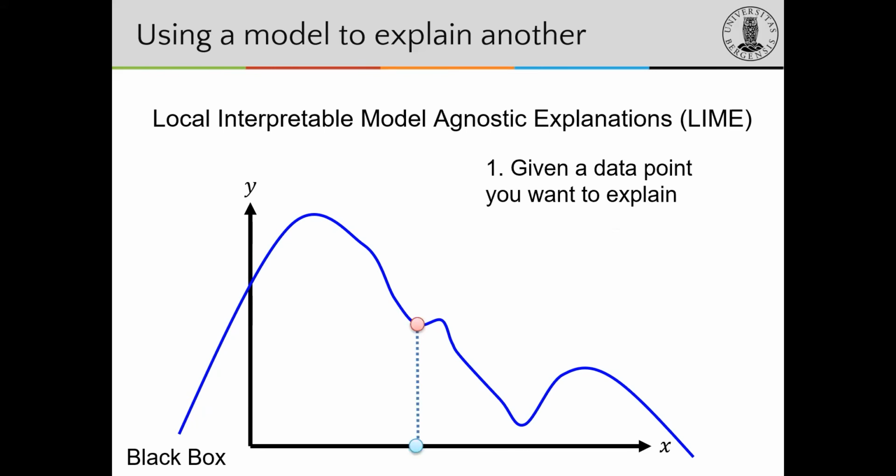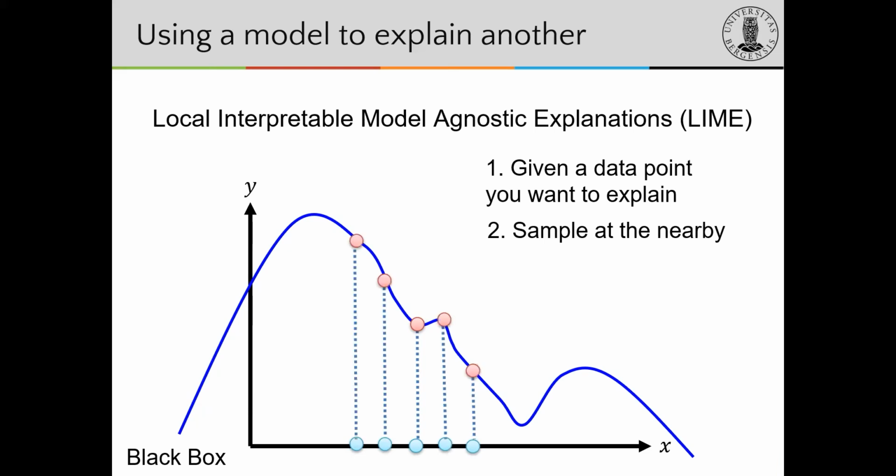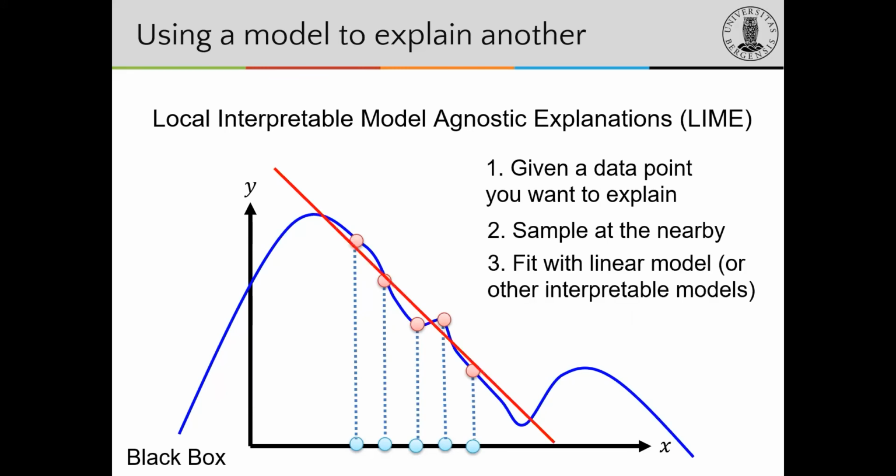And afterwards, we can do some sampling near the point. For example, we choose 4 points. They have the same distance in the x direction. Then we can have 5 points. Then we use the 5 points as a base to fit a linear model or other interpretable model. Then we get a linear model, right?